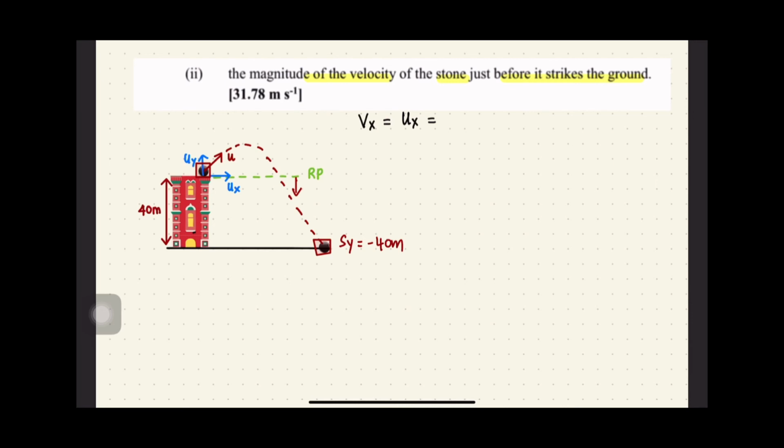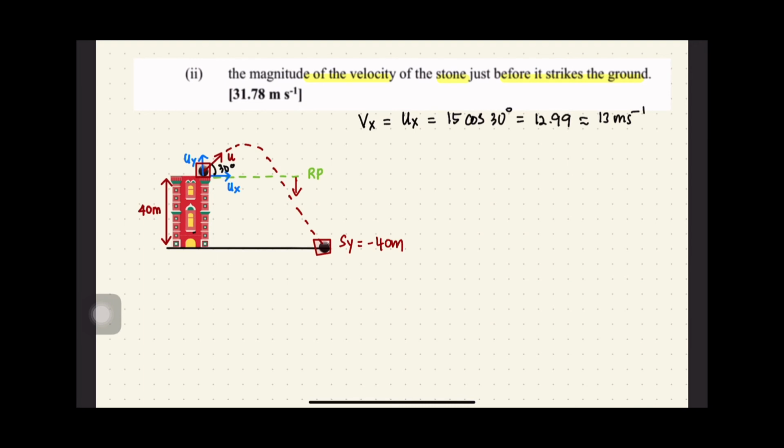So Ux kita adalah 15 cos 30. Macam mana boleh dapat? Ni U ni, tak ada angle. Saya look angle. You go to component X, ada angle? Yes, ada angle. So kita akan guna cos lah. U means 15 cos 30. So we get 12.99. Kita boleh assume as 13 meter per second.